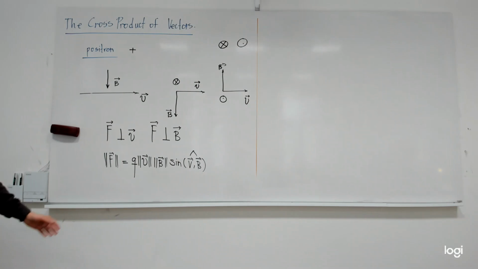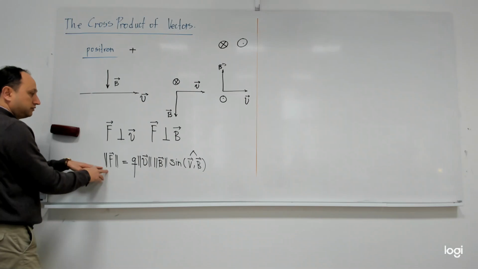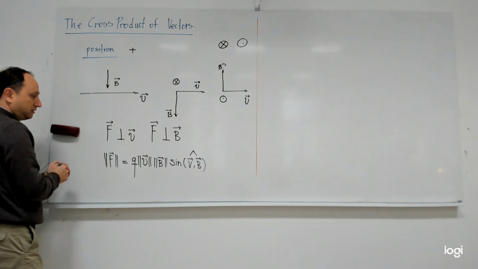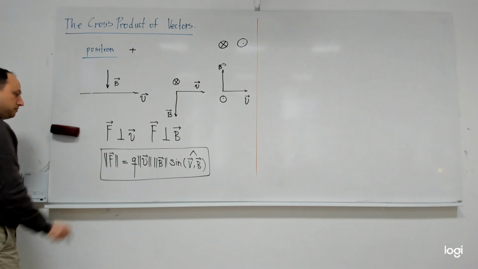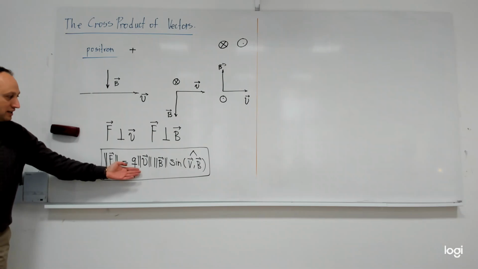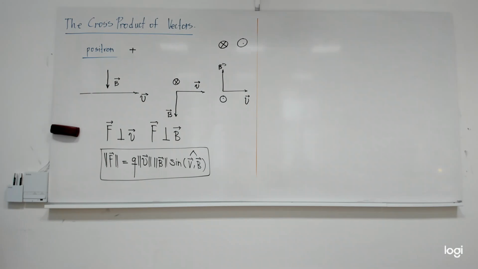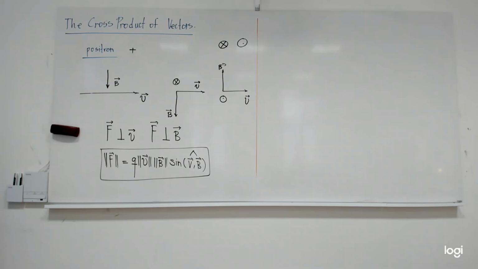Then you calculate the force acting on the particle based on other calculations, and you find this relation between these quantities. This combination is interesting for us from a mathematical point of view, because it happens in nature in this experiment. That's a good motivation to look at it.